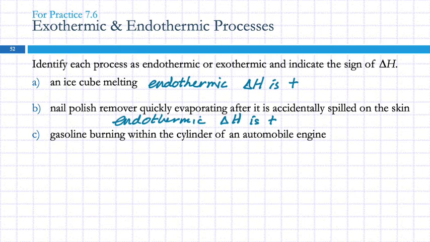Where is that energy coming from? The gasoline burning, mostly. So the gasoline burning, is that giving out heat or pulling heat in? It's giving it out. So then that's exothermic. Delta H then is negative.